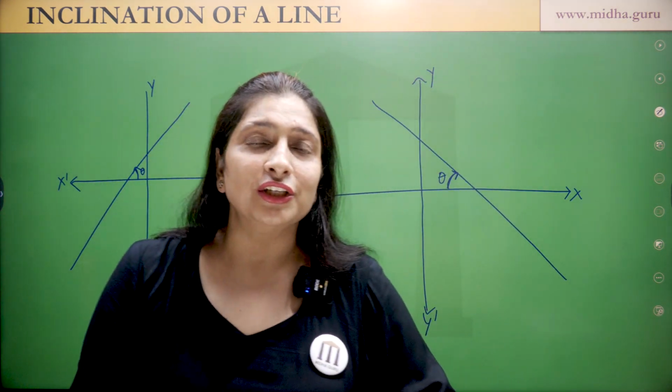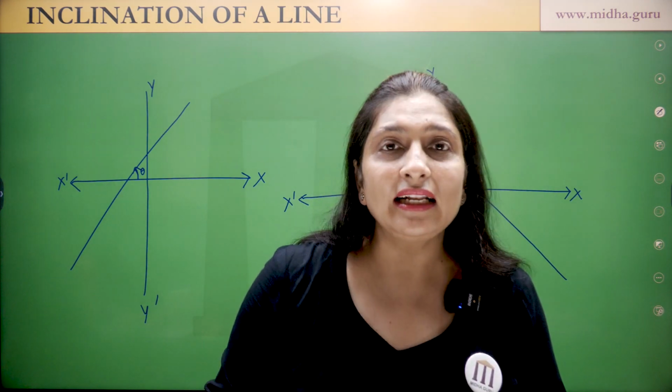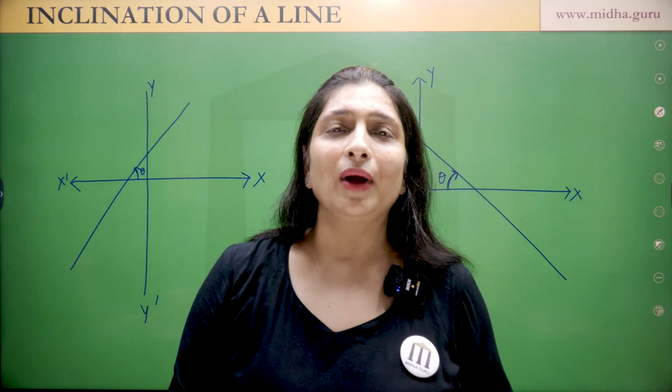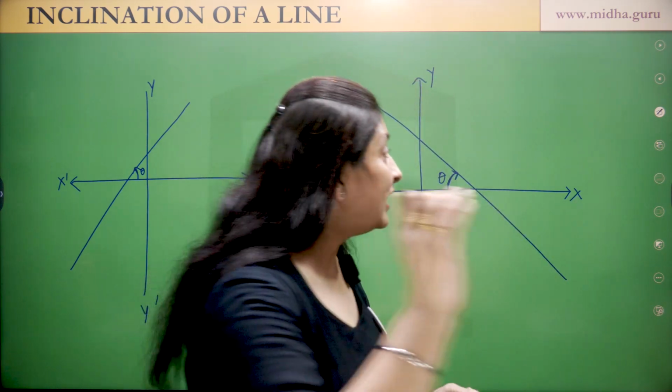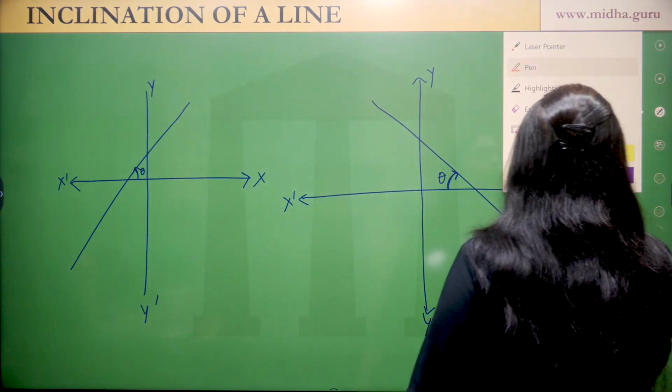By convention, when the angle is measured anti-clockwise, it is positive, and if it is measured clockwise, it is negative.